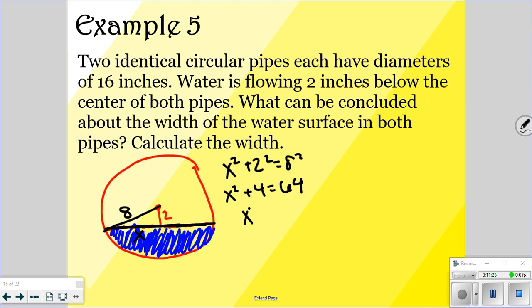So x squared would equal 60, and so x would equal the square root of 60, which is 7.45. And then if you multiply that number your calculator gave you by 2 to find the total width, you would get 15.49 inches.